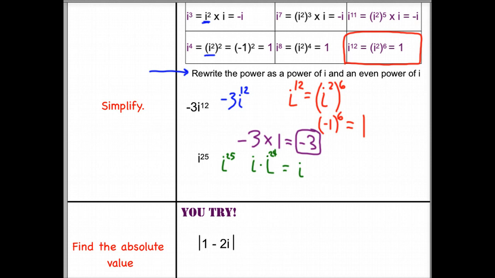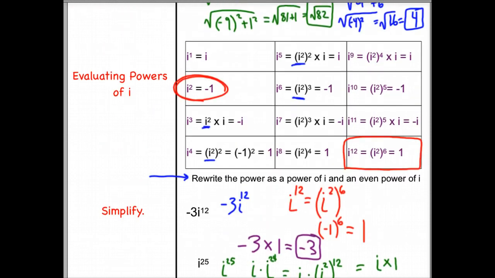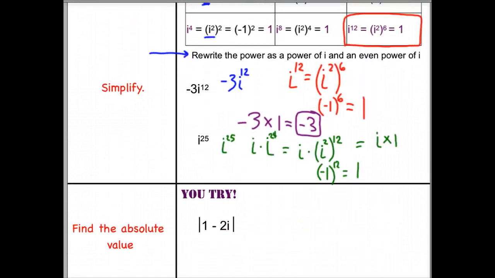So we have i times i squared to the 12th, because 2 times 12 is 24. And we know that i squared is negative 1. Negative 1 to the 12th power is just going to be a positive 1. So now what we have is i times 1. We can see that i to the power of 1 is just i. So our answer here is just going to be i.